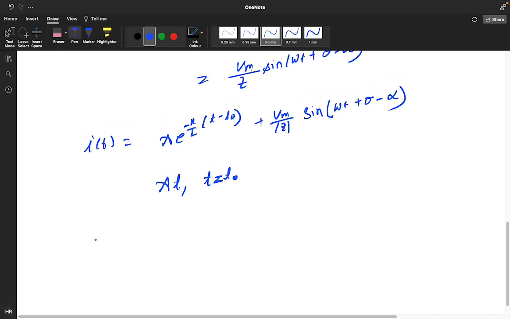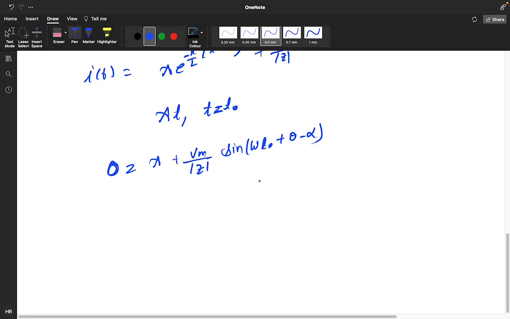So at t equals t naught the current will be 0. So substituting t equals t naught, 0 equals A plus Vm by mod Z sine omega t naught plus theta minus alpha. So the value of A is minus Vm by mod Z sine omega t naught plus theta minus alpha.